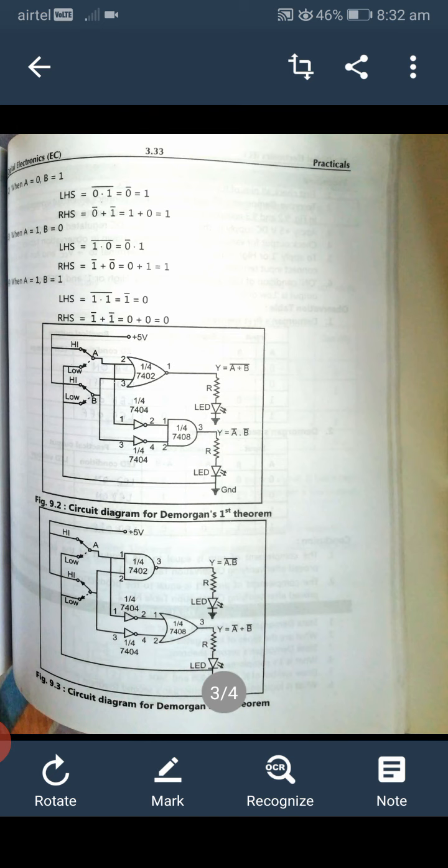You have to connect this diagram on breadboard by using the below ICs. You have to construct it on breadboard.